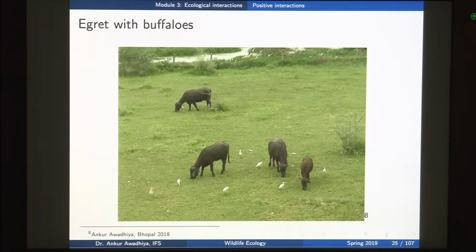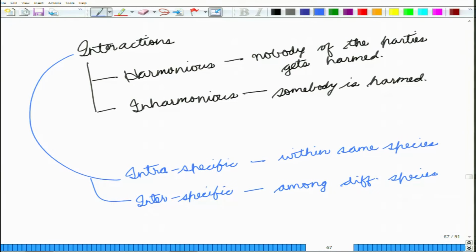Then we looked at some harmonious interactions that were intraspecific and some harmonious interactions that were interspecific. In the case of intraspecific interactions, we looked at colonies and we looked at societies. Now, colonies, good examples are colonies of corals, or say colonies of bacteria or microbes that are there on the agar plate.